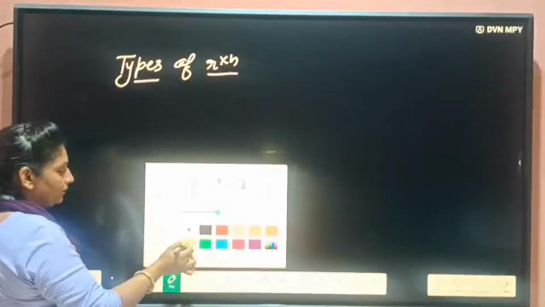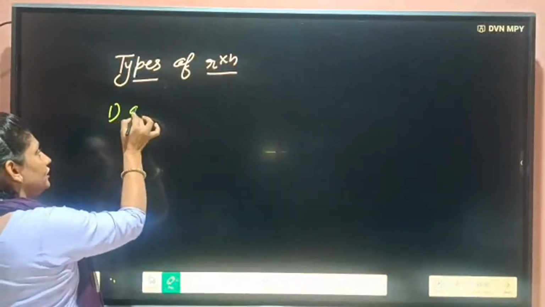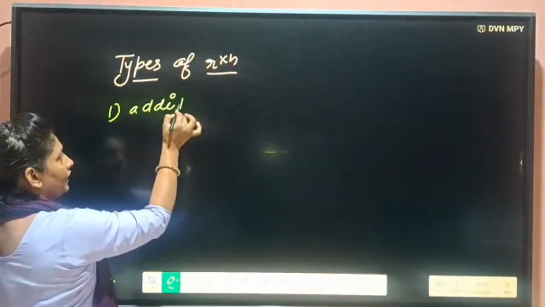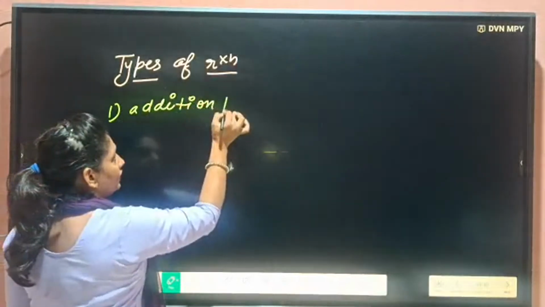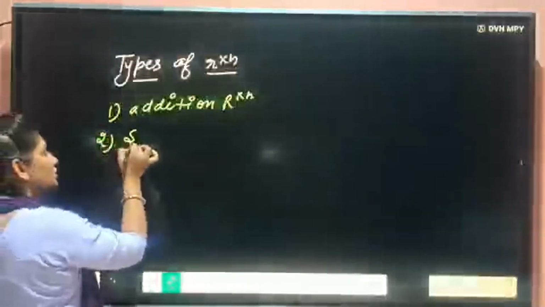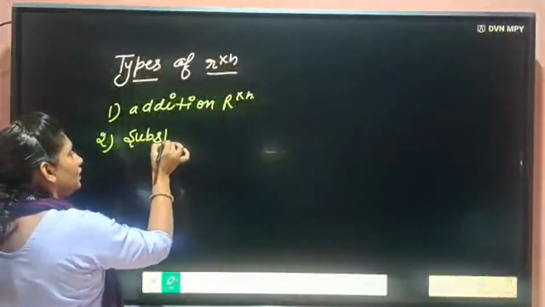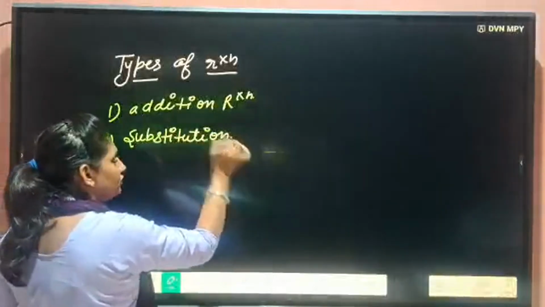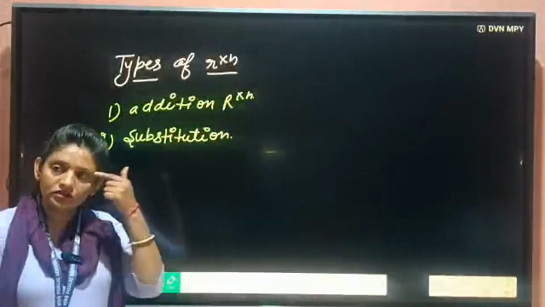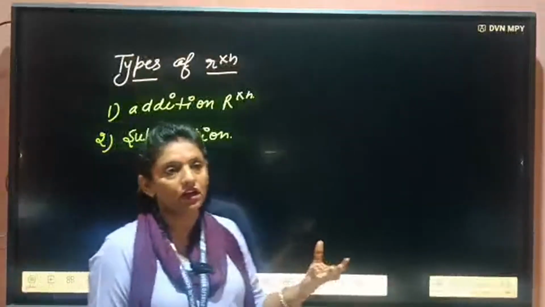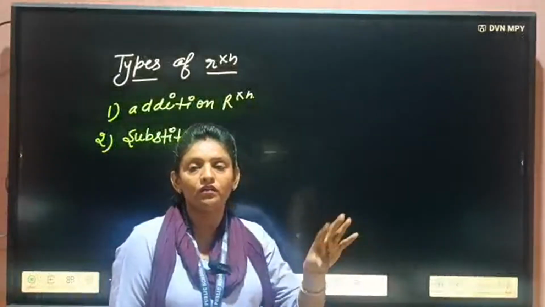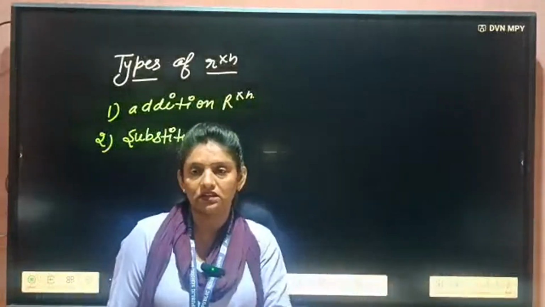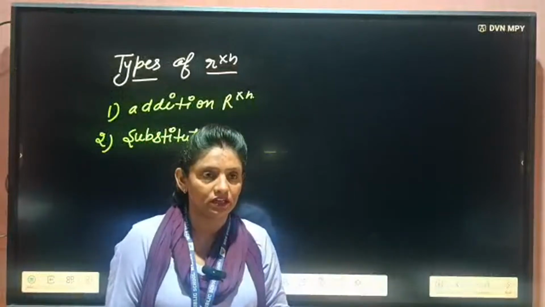We will discuss addition reaction, substitution reaction. Here students, not only one reaction we will discuss. In inorganic chemistry, you discussed in 10th class displacement reaction, when one element replaces another.